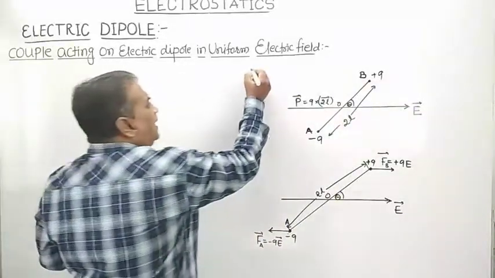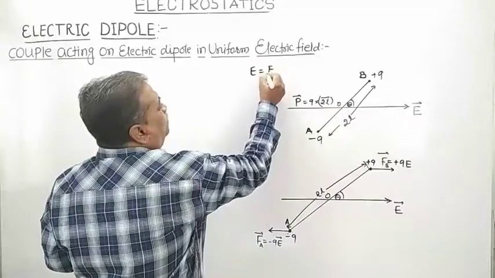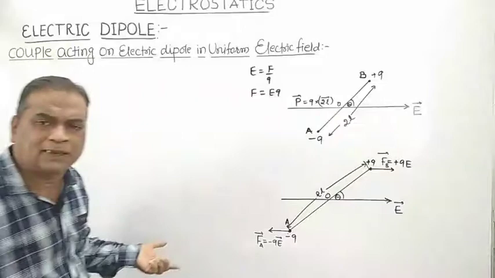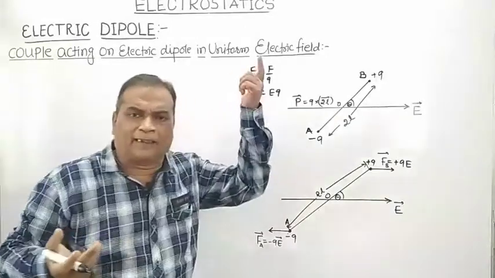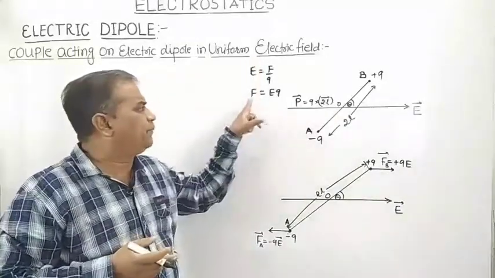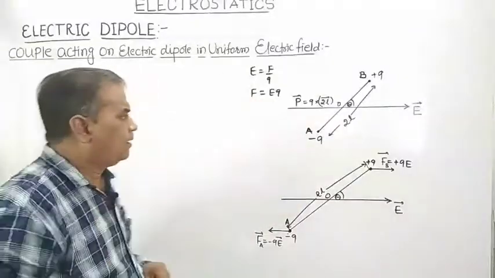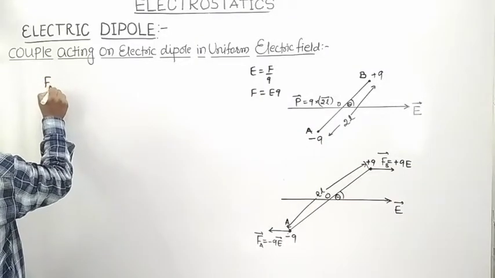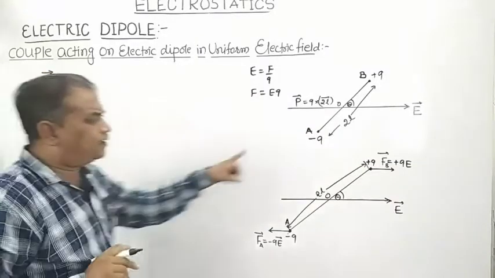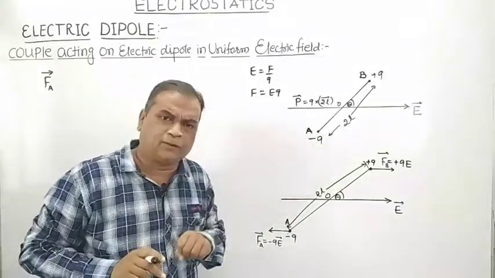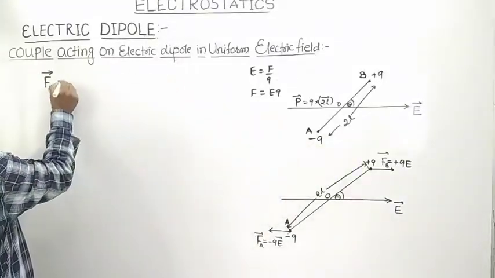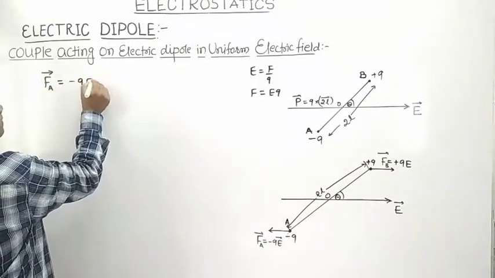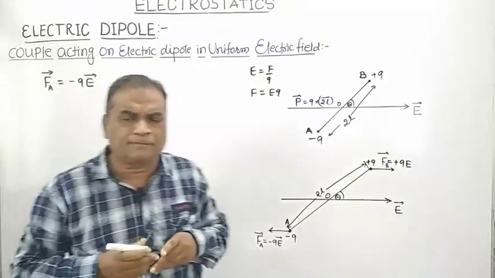As you know, electric intensity is nothing but force per unit charge, so the force acting on an electric charge due to a uniform electric field of intensity E is F equal to E into Q. So the force acting on charge minus q at point A, Fa, must be equal to minus q into E. E is a vector.